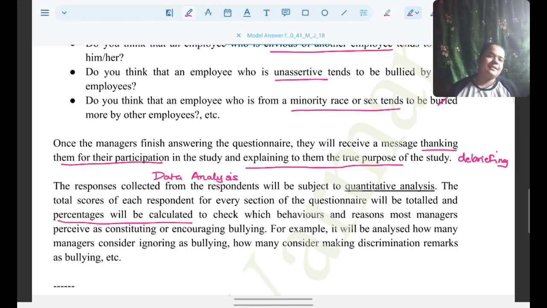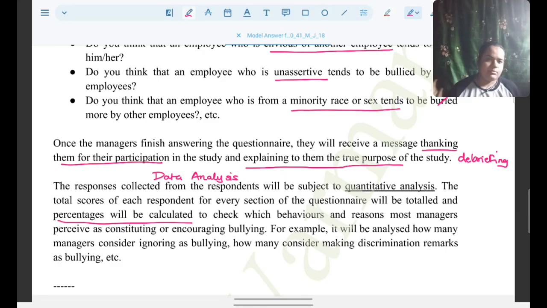For me, more than how much they consider whether a behavior is bullying or not, for me it is important to consider how many of them think that a particular behavior is bullying or not. So definitely we can have percentages, and of course there would be some cutoff points because it's a rating scale. So at some cutoff point I would consider that this is a manager who considers that these are the reasons for bullying, and this is a manager who does not consider that this particular reason is there for bullying.